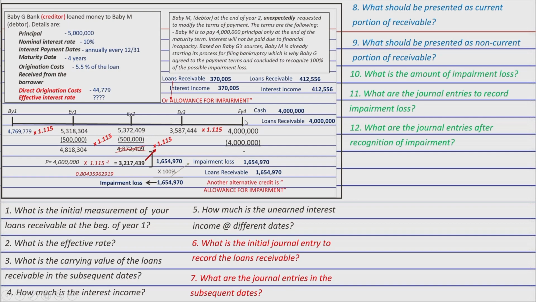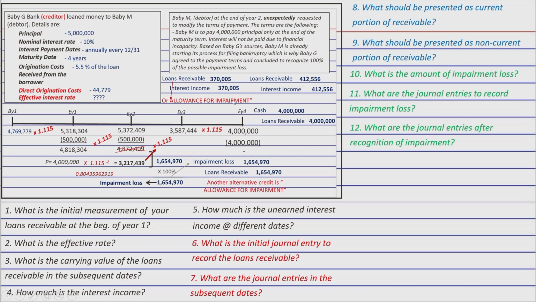Because if there are payments before the end of the term, like for example, BBM, the debtor in this problem, promised to pay, aside from the 4 million, reduced interest payments. So if that's the case, you have to debit cash for the payment and then credit interest income. That's for sure.